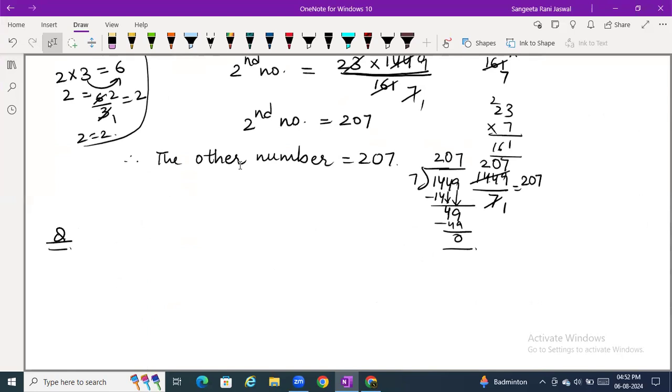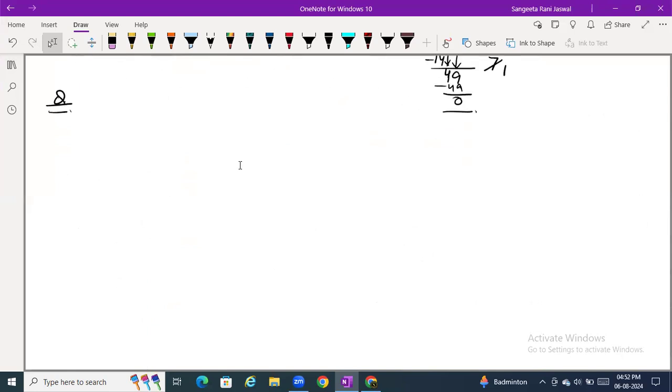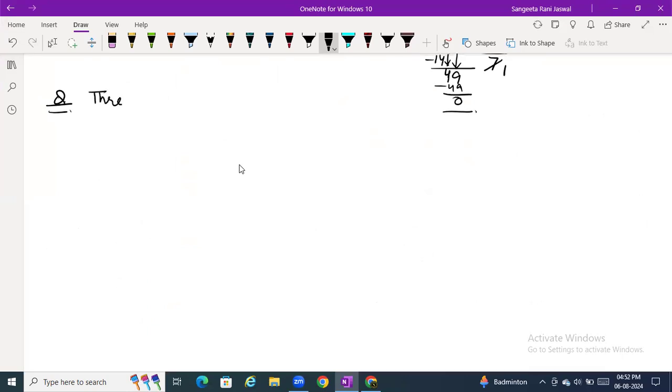Okay, let's take the question. Now the question is, 3 boys... these questions are from the NCERT textbook. If you have the book, you can check the question.